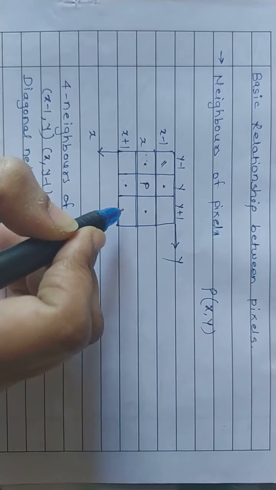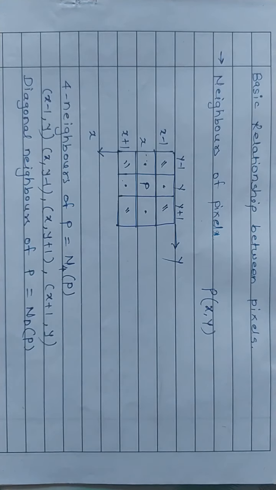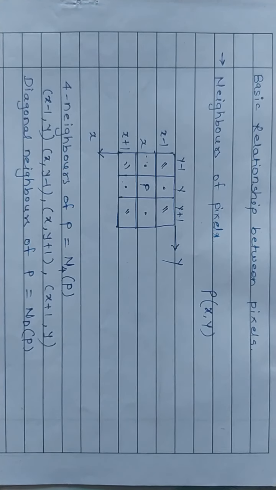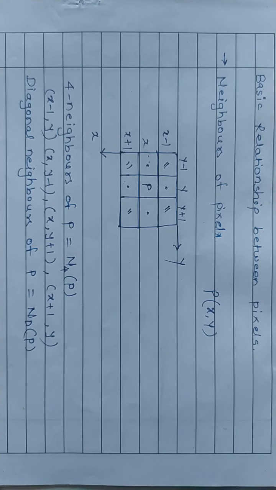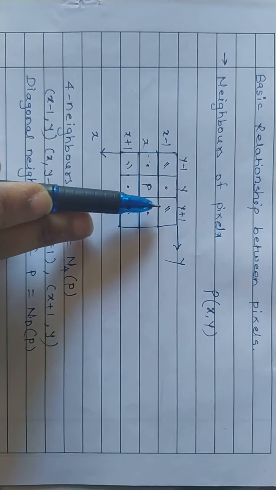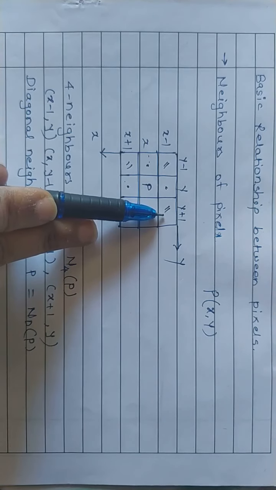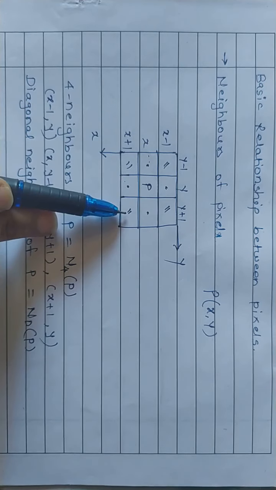So this pixel, this pixel, this pixel and this pixel are called diagonal neighbors of pixel P, and their coordinates are x minus 1, y minus 1 for this pixel, x minus 1, y plus 1 for this pixel, x plus 1, y minus 1 for this pixel, and x plus 1, y plus 1 for this pixel.